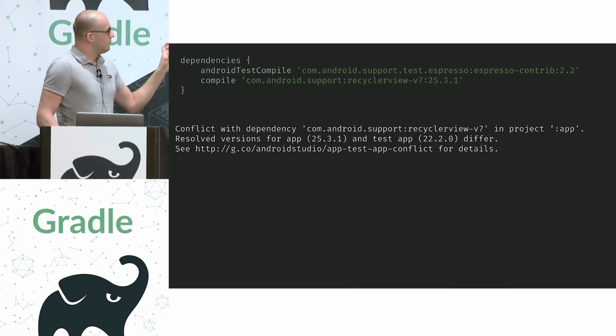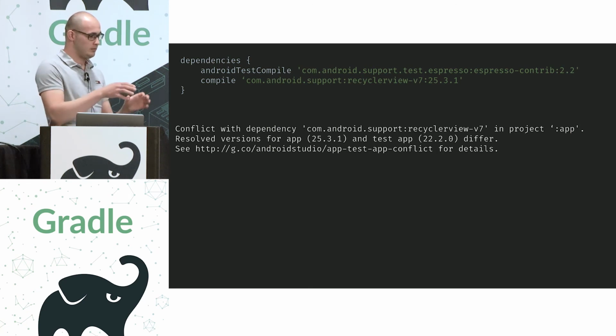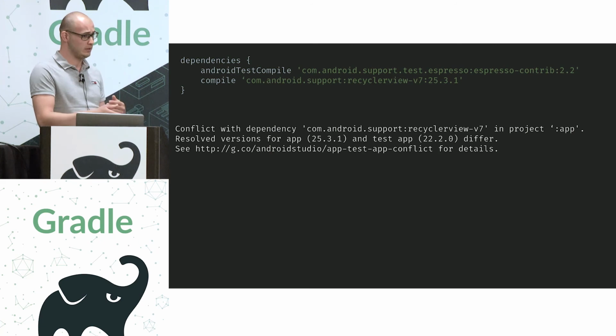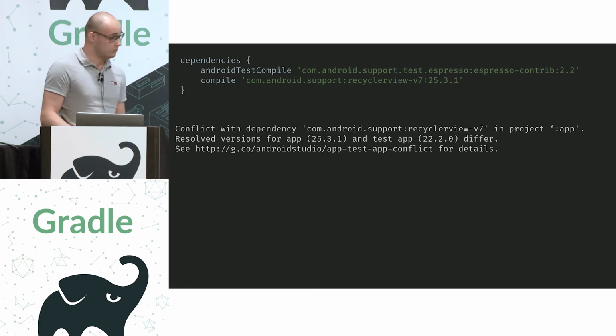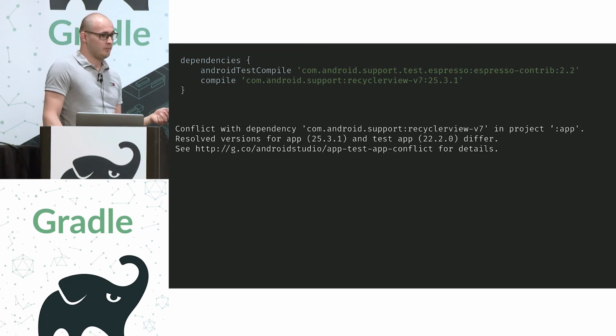It's because Gradle does resolve the versions only for a single configuration. So if we had compile old and new recycler view, then it will resolve to the most recent one. But Android test compile actually produces a separate APK. So it doesn't analyze the dependencies between two APKs because those are two artifacts, and it may just as well make sense to have different versions of recycler view in the test APK and in regular APK.